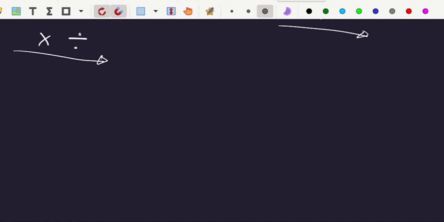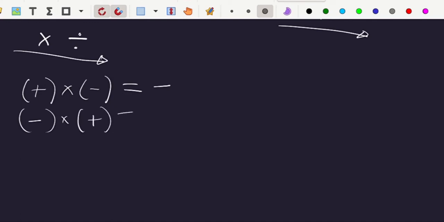What you need to know is that a positive sign multiplied by a negative sign gives us a product with a negative sign. When you multiply a negative and a positive, which is the same as the one above, it gives us a negative as well.